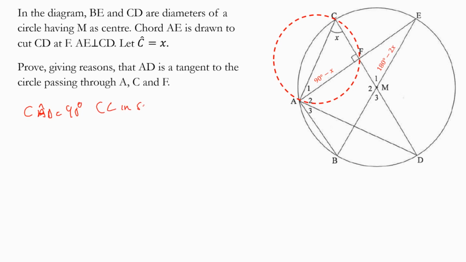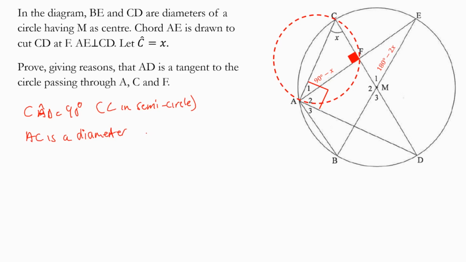Angle in a semicircle. Remember, CT is a diameter, so this angle is 90 degrees. And then this angle also is 90 degrees. So it means AC is a diameter.